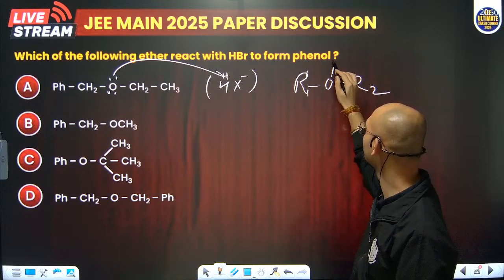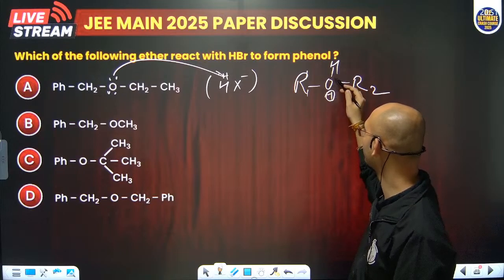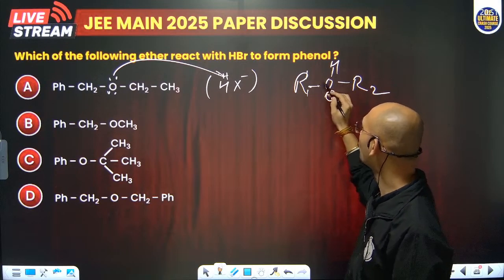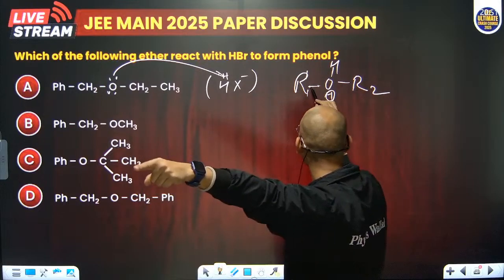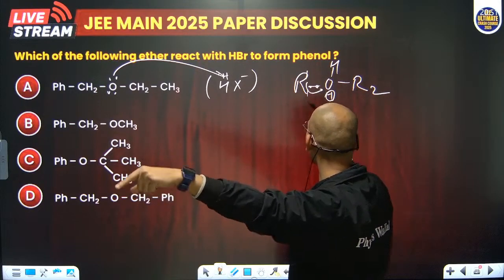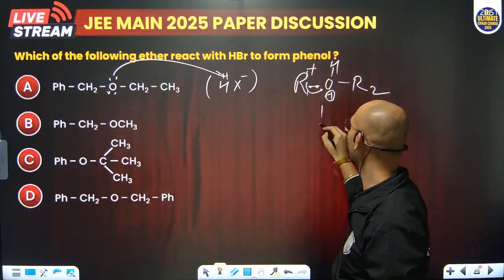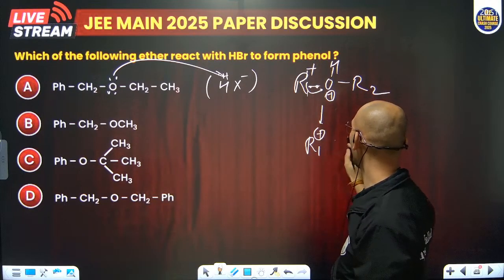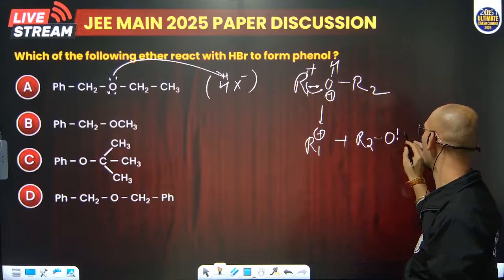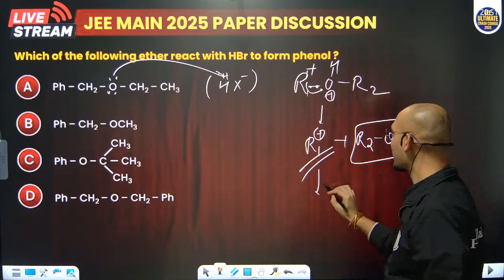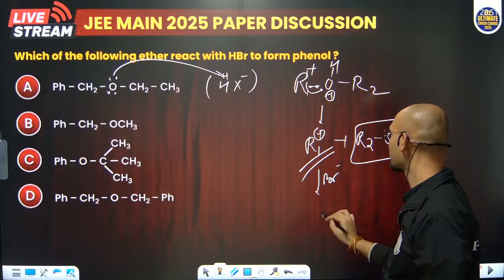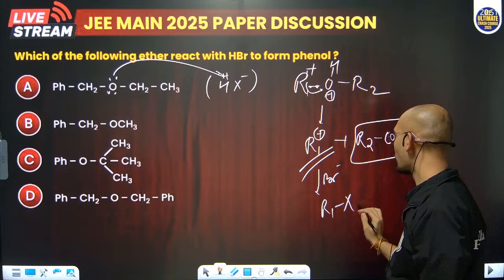What will happen here? It will be taken by this, oxygen will get positive. Let's say that if R1 is more stable carbocation, then bond pairs will be given to oxygen, and this R1 carbocation will be formed, and R2OH, one alcohol will be formed. Then R1 plus will be attacked by Br minus to form R1Br.